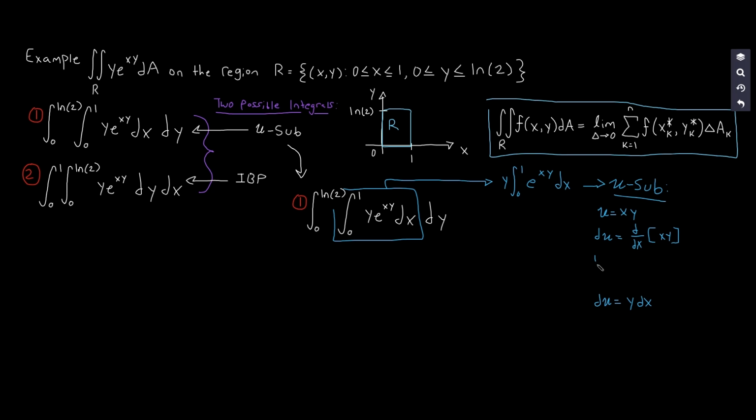So that means du equals y times the derivative of x, and the derivative of x is 1. So we end up with du equals 1 times y, and 1 times y is y, and there's also going to be a dx.